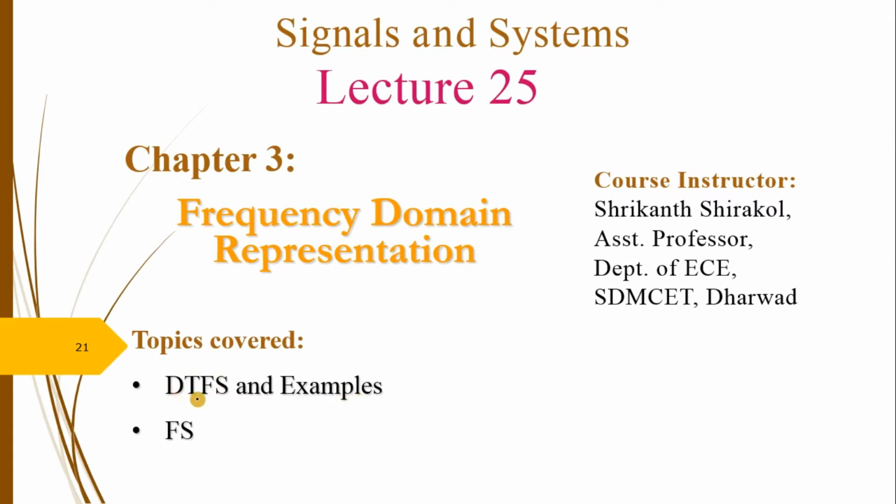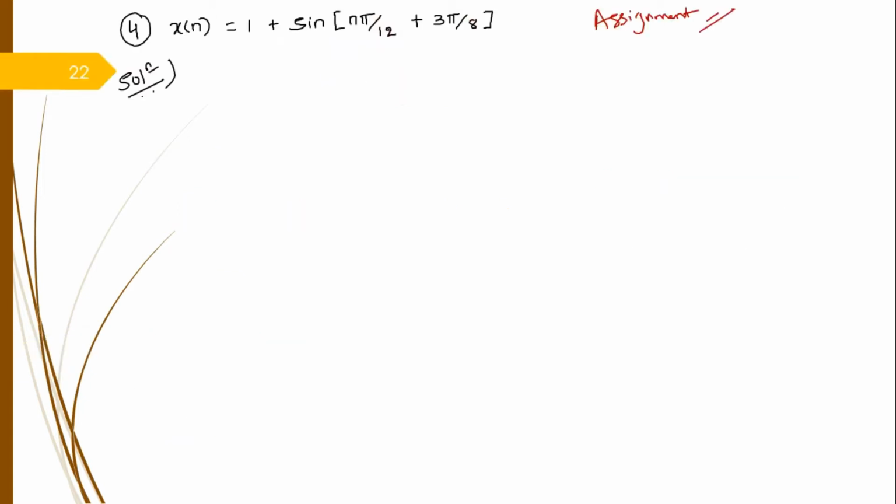DTFS stands for discrete time Fourier series, followed by continuous time Fourier series. Fourier series is applicable for periodic signals, and Fourier transforms are applicable for non-periodic signals. That is what we understood in the last class.